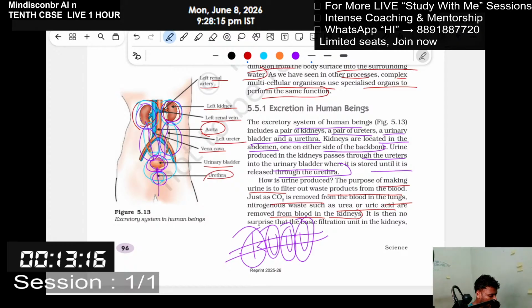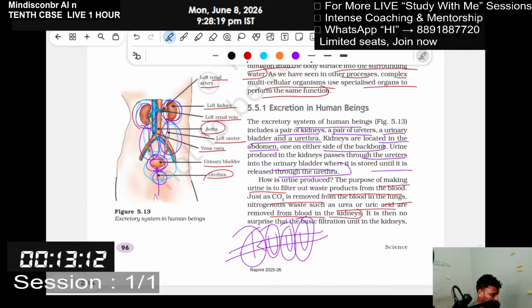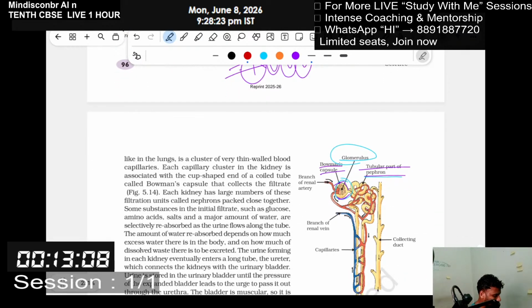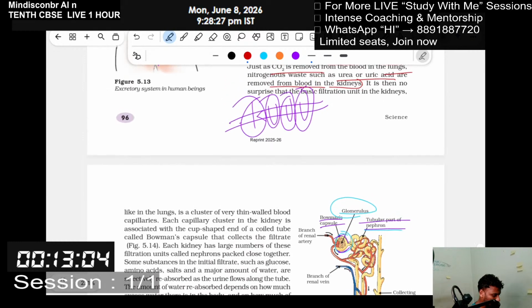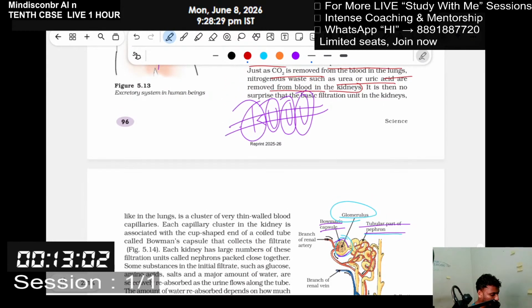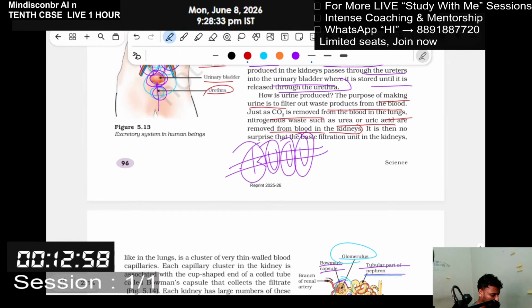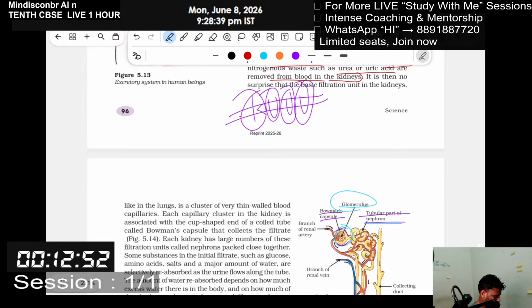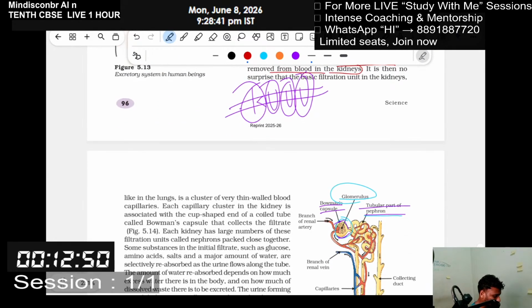It is then no surprise that the basic filtration unit in the kidneys, like in the lungs, is a cluster of very thin-walled blood capillaries.